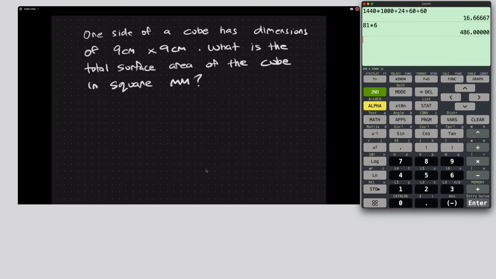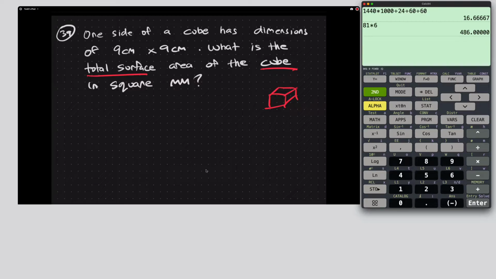All right, let's take a look at question number 39. This one's quite simple. I just wanted to point out one thing here. Make sure that you notice that they're asking for the total surface area of a cube. We know a cube is a 6-sided object and all sides are the same.